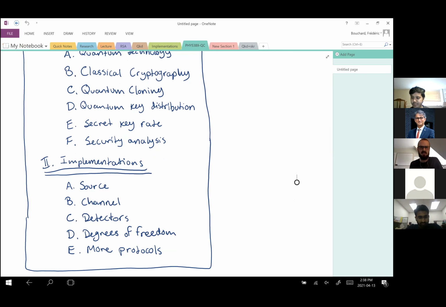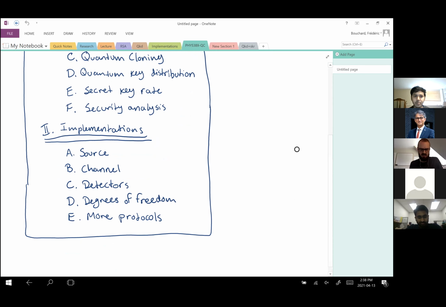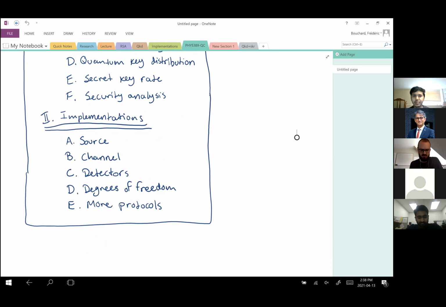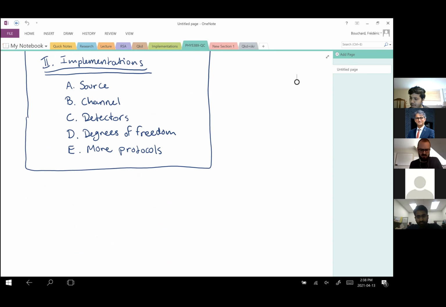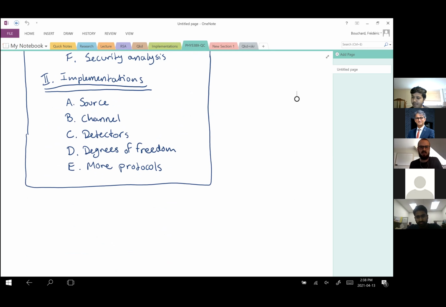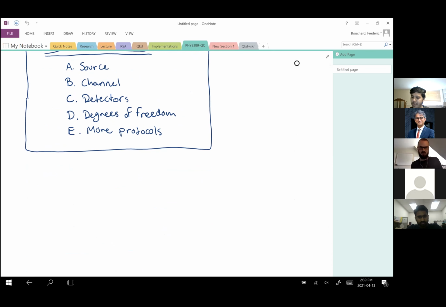Then I'll go to classical cryptography, then move from classical to quantum cryptography through quantum cloning and quantum key distribution, which is the main protocol of quantum cryptography. Then I'll go through the math of how to calculate secret key rates and do security analysis. For the implementations, we'll go through source, channel, detectors, the different degrees of freedom to perform QKD, and then a few more quantum cryptographic protocols. So with this, let's get started.